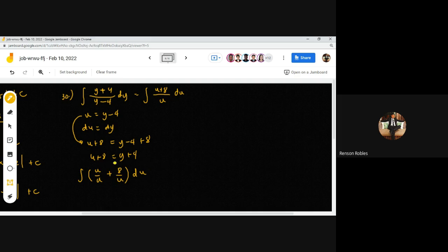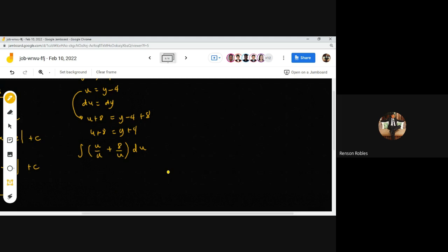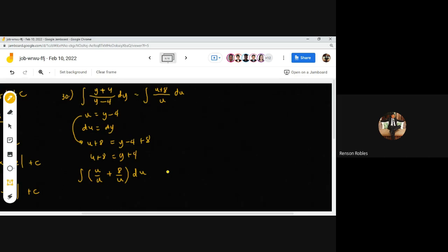But this is also okay. It just so happened that this is a special technique. And then you have the integral of u over u, which is 1, plus 8 over u du. And this second term, as you can notice, will give you an ln function, because this is just u, and that's 8.